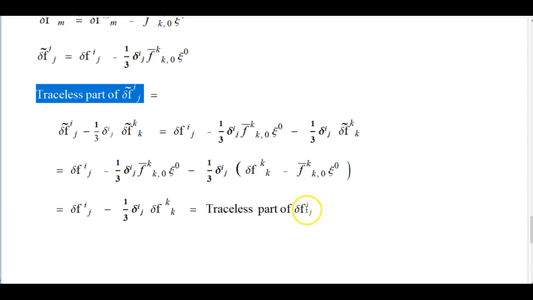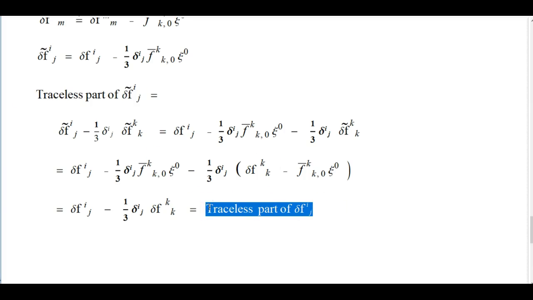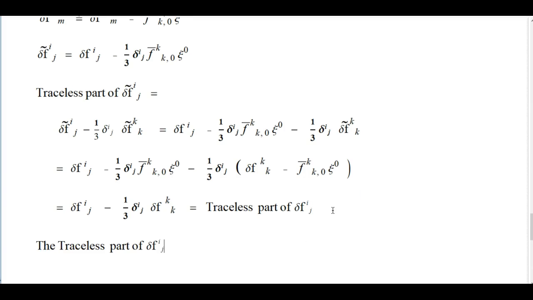Hence, the traceless part of delta Fij is gauge invariant. Traceless part of delta Fij is gauge invariant. Means its value is same in all the gauges.